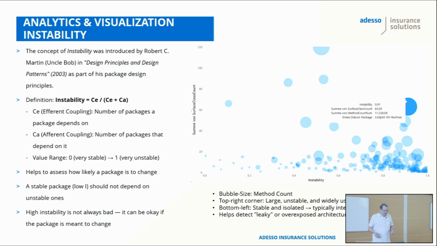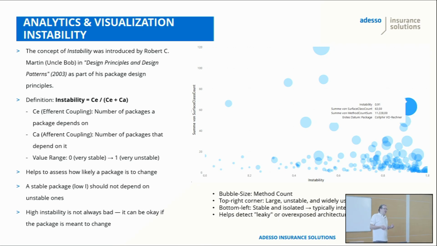Okay, the first thing I wanted to look at was something called instability. Instability is basically the relation between the number of outgoing references. It's a package level number. So we look at the number of references that are outgoing from the package we're currently looking at, and we compare this to the number of incoming references from classes that are in different packages.